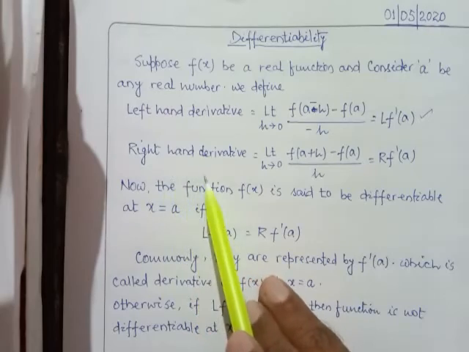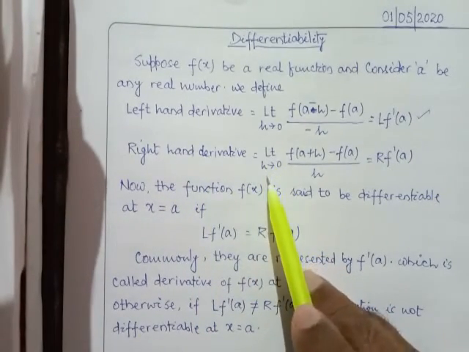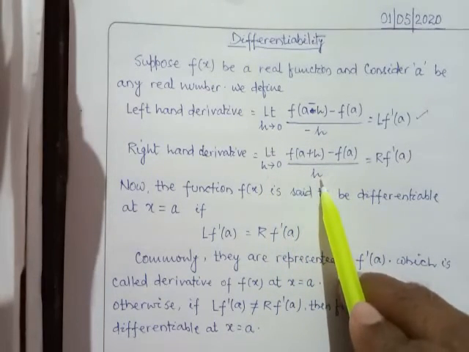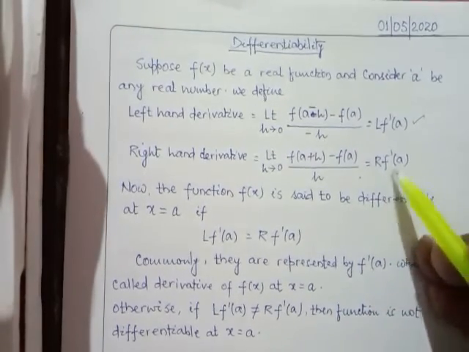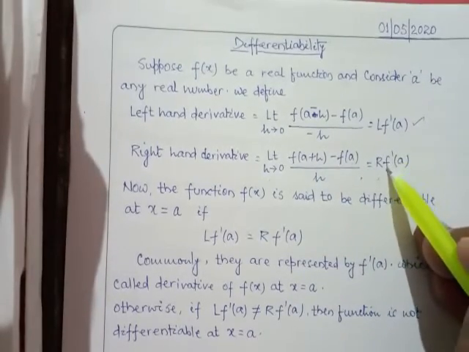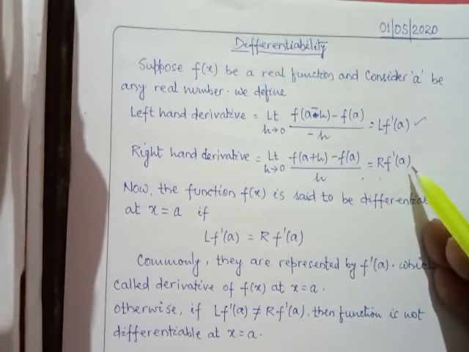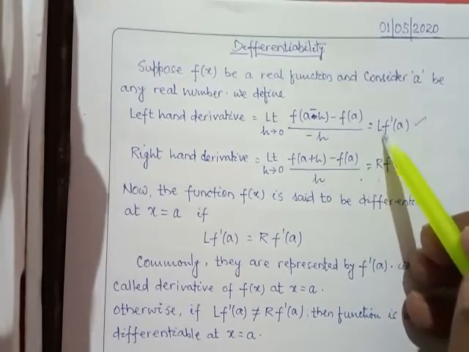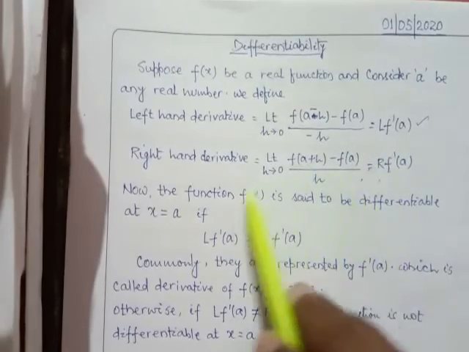Next, calculate the right hand derivative. In the right hand derivative, limit h tends to 0 of f(a plus h) minus f(a) upon h, also represented as R f dash a, the right hand derivative of f at a. When these two values are equal, then we say the function is differentiable.